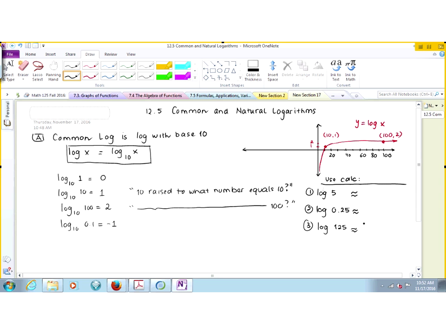Very easy. So log of 5, that gives you what? 0.699? Yes. Good. What about log 0.25? Negative 0.602? Yes.